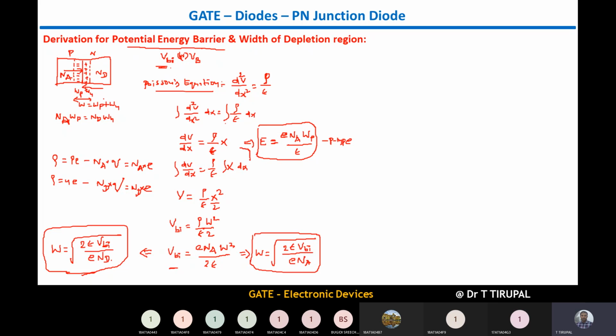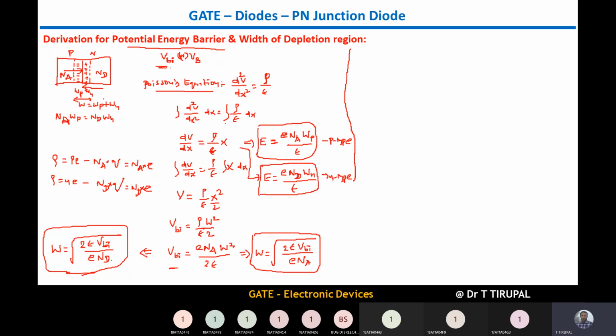What is the other formula for n-type semiconductor? Electric field intensity E is equal to q into Nd into Wn divided by epsilon. This is another formula for electric field intensity for n-type semiconductor. See, these are all very important expressions that you need to remember.